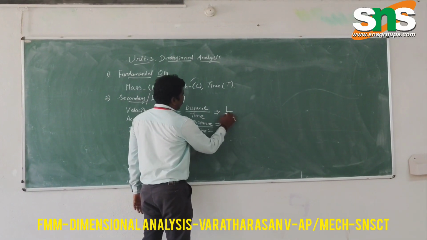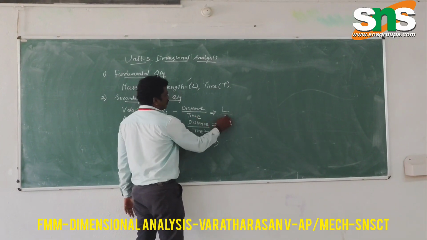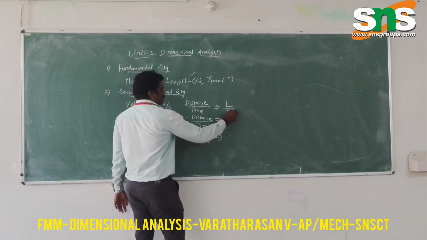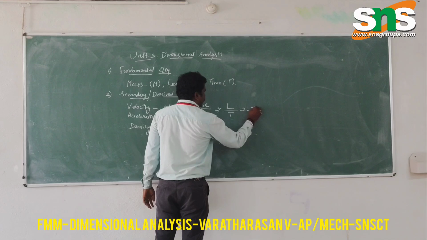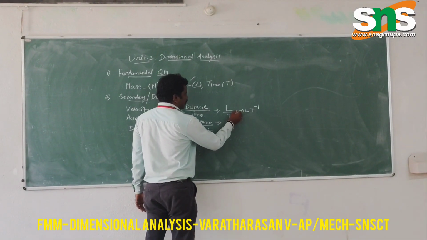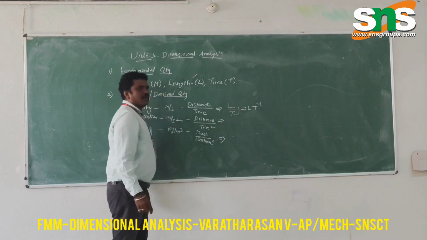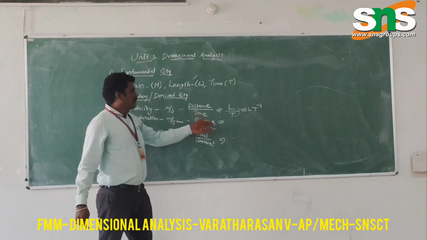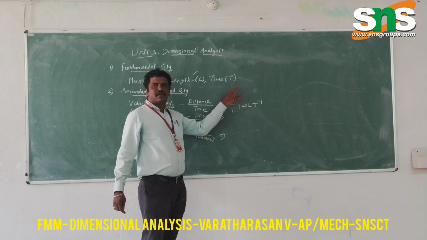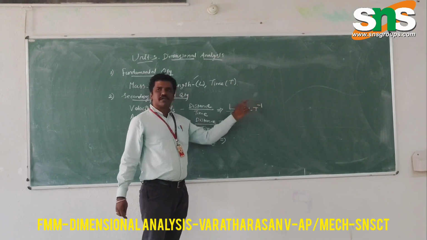So L divided by time, you can use any short term, t. So we can write like this: L t power minus 1. So this t will be going in the denominator, so t power 1 going upward now, t power minus 1. L t power minus 1.